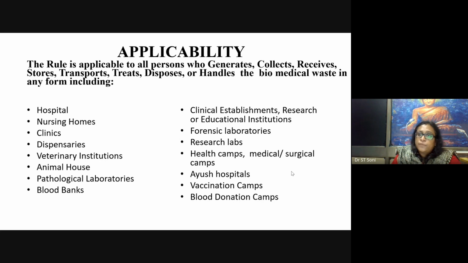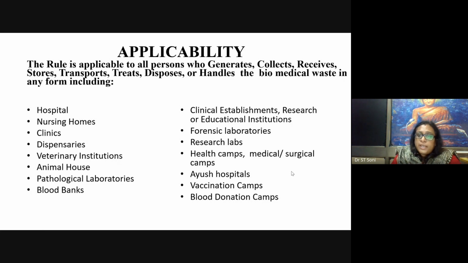It is the duty of the generator to categorize, dispose and discard the biomedical waste and send it to the common biomedical waste treatment facility with all safety. These are the add-ons to the applicability of the Biomedical Waste Management Rules 2016.